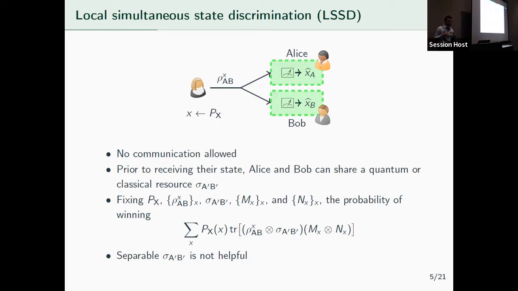And if you fix everything, the distribution, the states, the shared resources, the measurements that they can perform, then again you can write the probability of winning. And we want to optimize this probability of winning. But this is a linear expression in terms of the state sigma_A'B'. And you can show that this state should be somehow extreme. And so it should be entangled, because separable states are not extreme states, they cannot achieve the maximum.